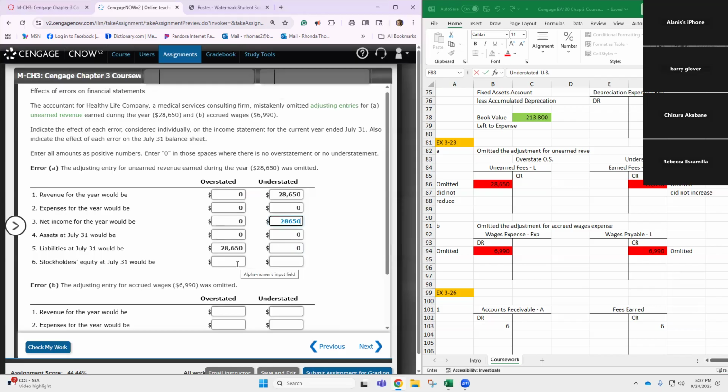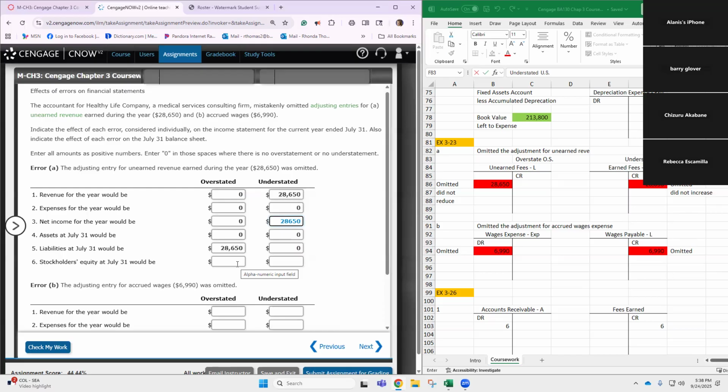And this income actually gets put in retained earnings, and retained earnings is an equity account. So if net income is understated, then so will retained earnings.